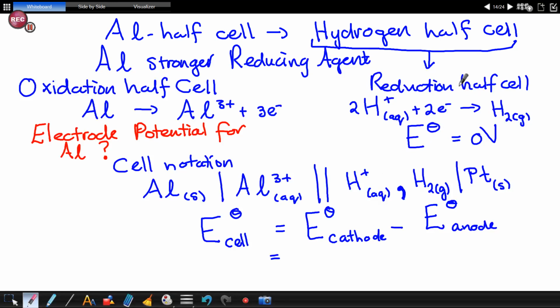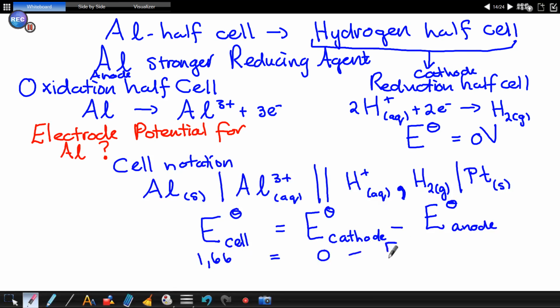The reduction half cell will be containing the cathode. Cathode is the electrode where reduction takes place, and the aluminium would be my anode. Okay. So the cathode's electrode potential is taken as 0 volts. The voltmeter's reading will be 1.66 volts.